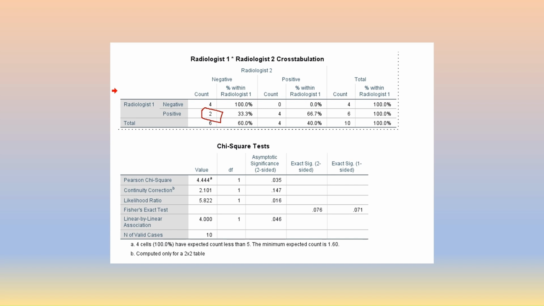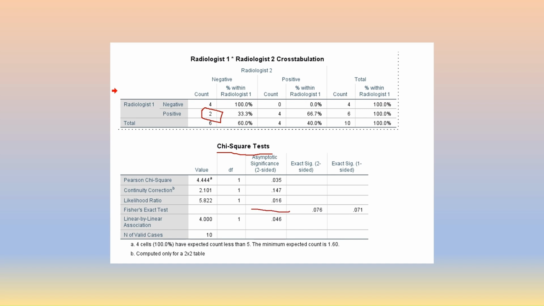Next is the chi-square test table, which value is 4.44, and 4 cells, 100%, have expected count less than 5. So we use the Fisher exact test.